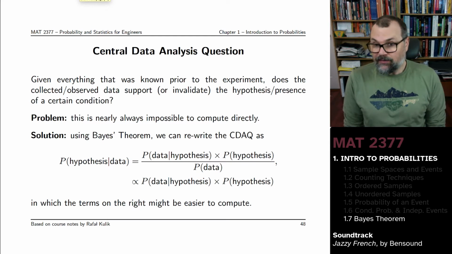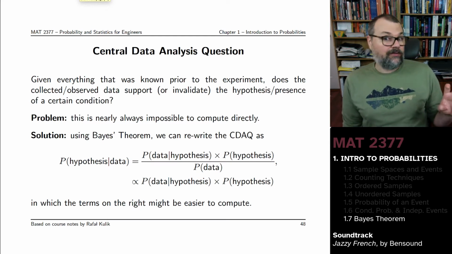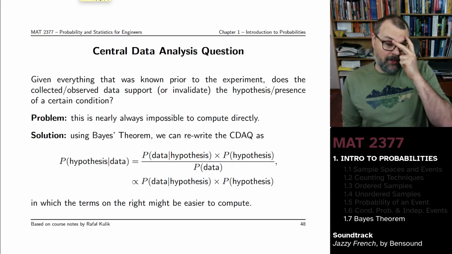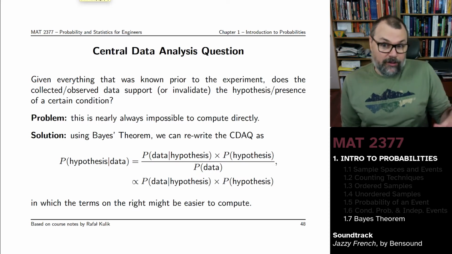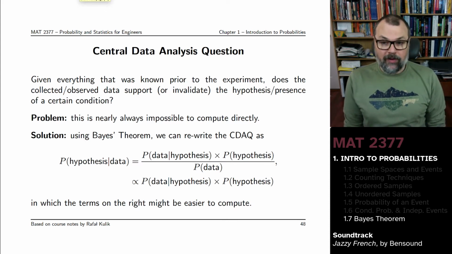That's what the scientific method says. You say, I think this is true, I'm going to try to falsify the hypothesis, and I'm going to run an experiment to collect data to see if I can support a hypothesis that I'd really like to support.